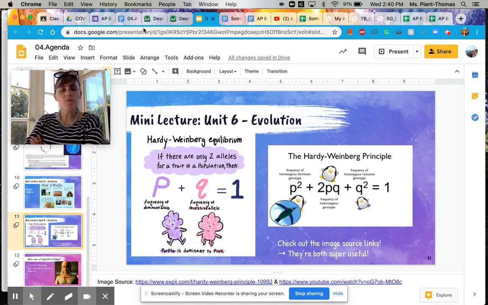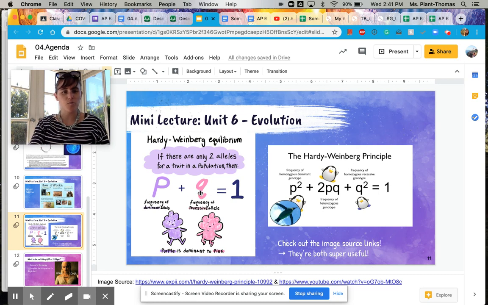So remember, the whole concept of Hardy-Weinberg is that we have these alleles, right? And if there's no evolution, then of course our frequency of each allele type is going to remain constant over time, meaning that the population is in Hardy-Weinberg equilibrium. There's no change occurring.